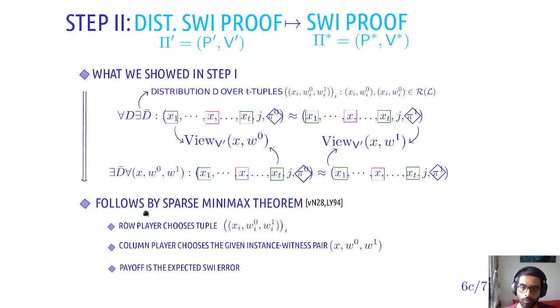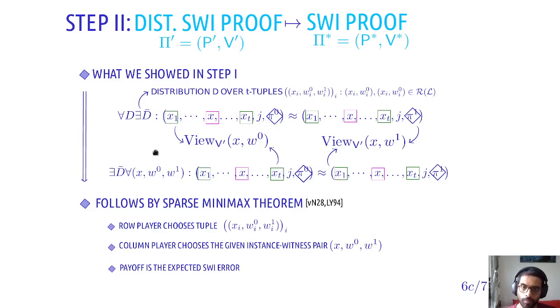You can think of the row player's mixed strategy being over T tuples of instance witness pairs, whereas the column player's mixed strategy is over instance witness pairs. The game is zero-sum, and the payoff is the expected SWI error.